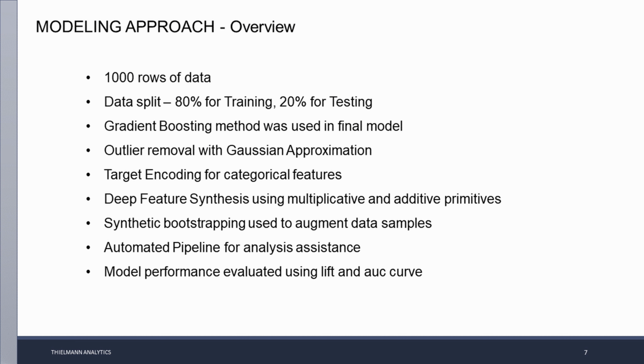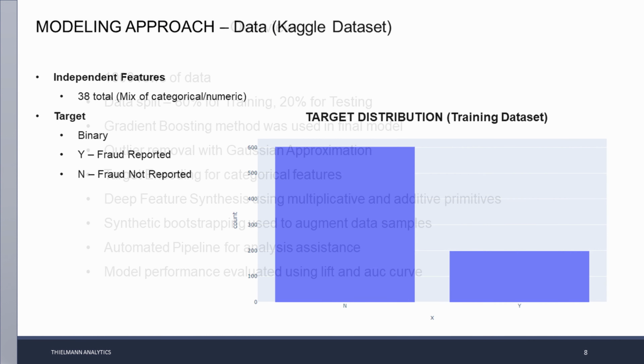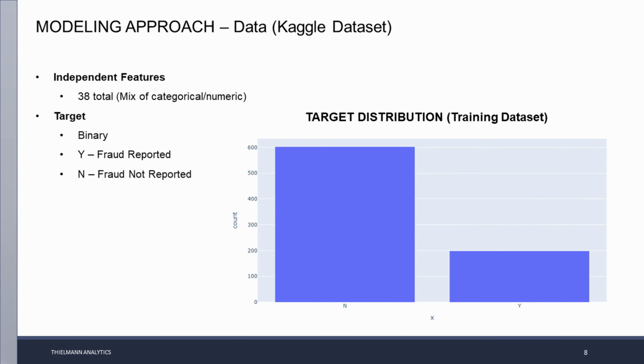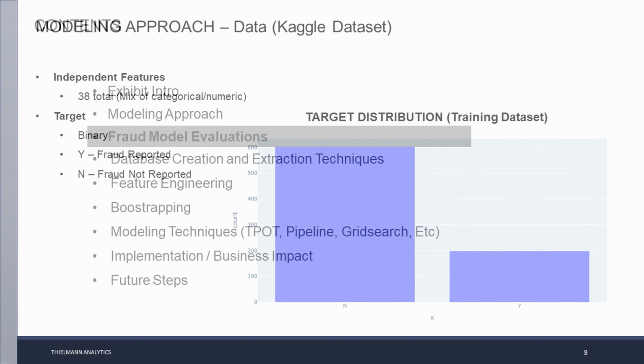Automated pipelines, which we will discuss a bit more in detail later, were used to identify the optimal modeling data flow. 38 independent features were in the initial data set, which included things such as age, hobbies, severity, and many more. As mentioned, our target contained binary values, fraudulent and non-fraudulent, and the distribution was not terribly imbalanced.